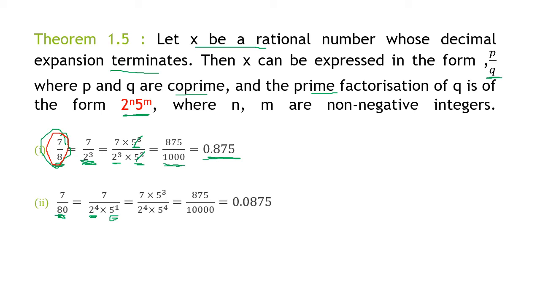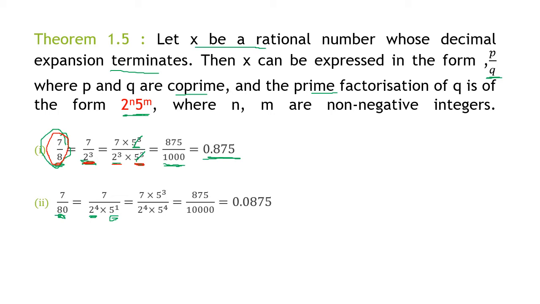First I express the denominator 8 as a power of 2, so it is 2 cube. Now I want to make it a power of 10. So 2 cube into 5 cube will give me 10 cube. 2 cube we have done in the 9th standard. You remember a raised to n into b raised to n is ab raised to n. Using that identity, I want to make it a power of 10.